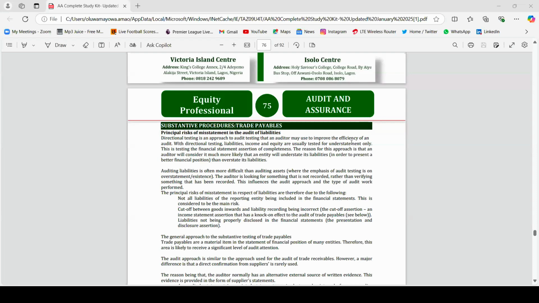So when we talk about substantive procedure, the auditor is focusing on the line item on the financial statement, vis-a-vis the test of control. Substantive procedures, such as analytical procedure, are carried out to confirm and verify that those figures are correct, that they are accurate.